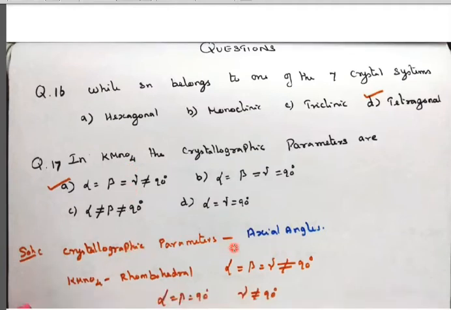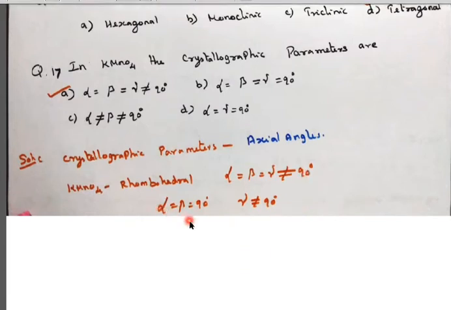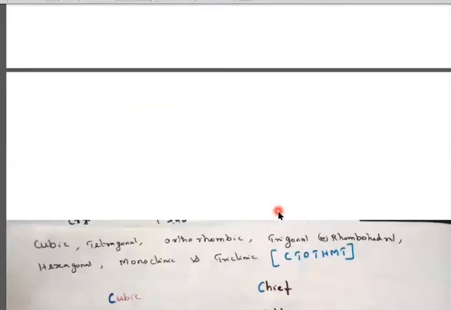In crystallographic parameters, angle and distance, this one is rhombohedral or trigonal. Alpha is equal to beta is equal to gamma is not equal to 90 degrees.